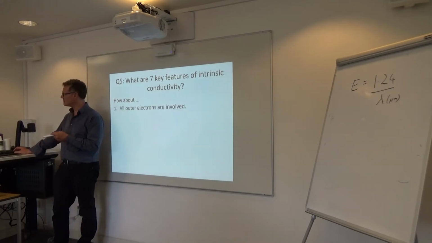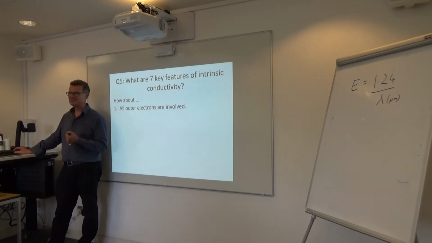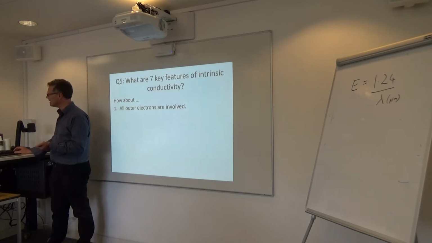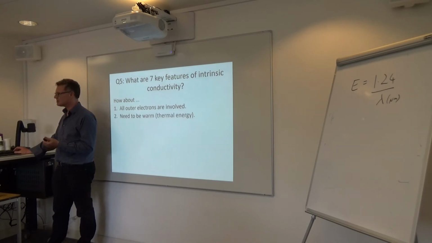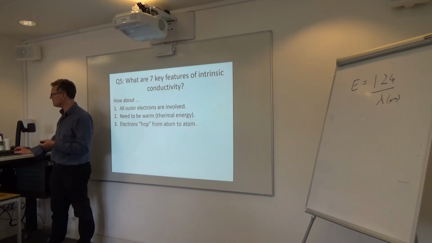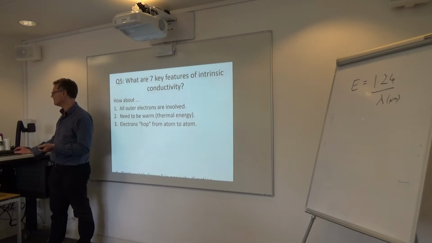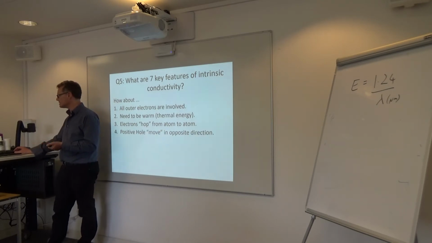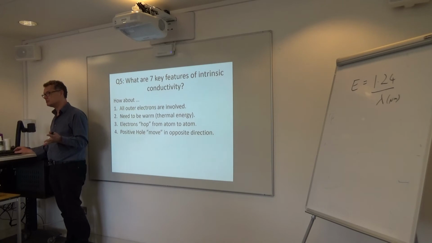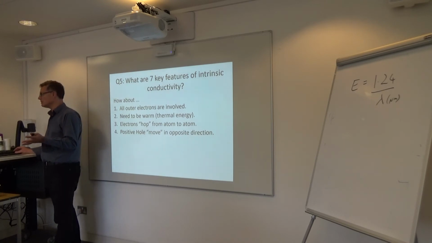So I've got, stating the obvious again, all the electrons in the outer shell, so we got that one. We got the fact that it's thermal dependent. Again, stating the obvious, the electrons hop from atom to atom, and the positive holes are going to be moving in the opposite direction to your electrons.